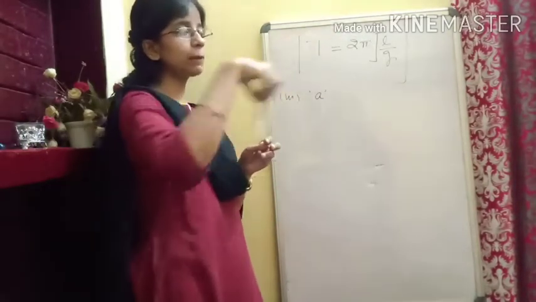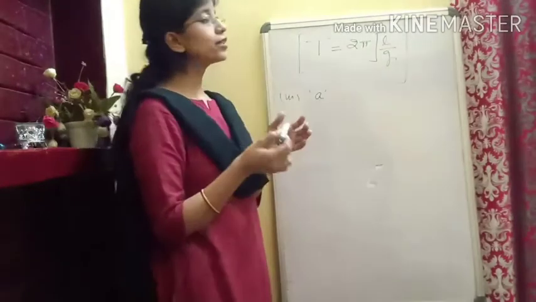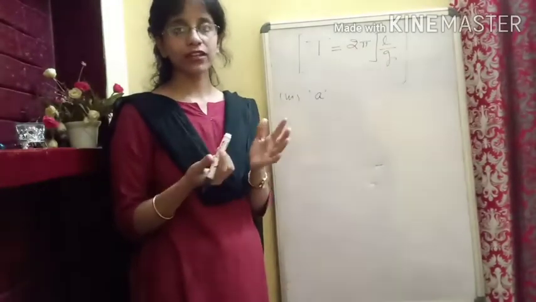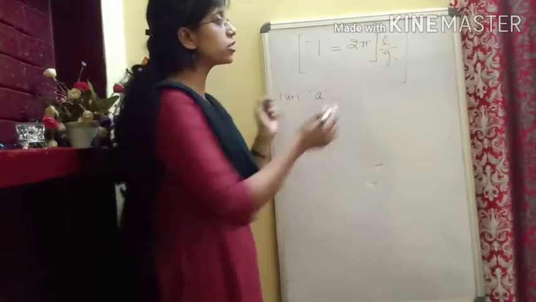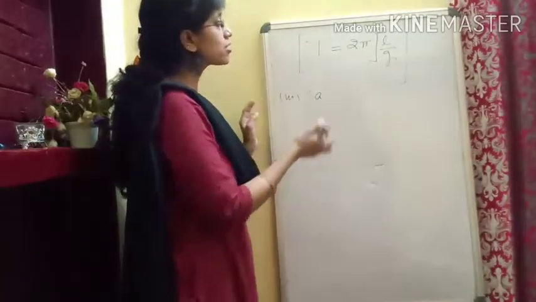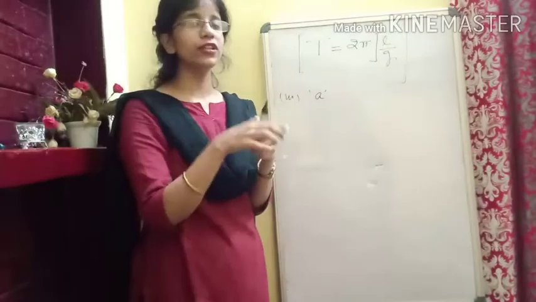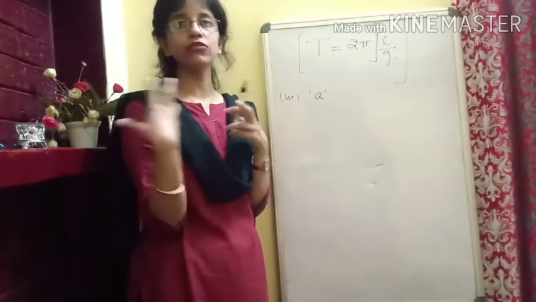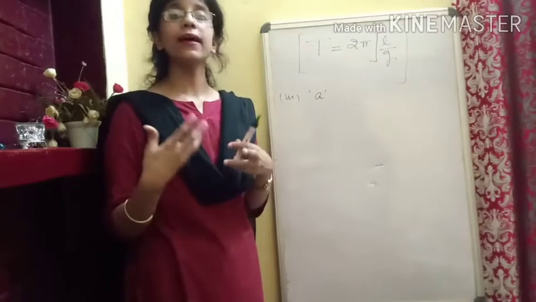If it has a large amplitude or small amplitude, will the time period be affected? No, because if you see the mathematical expression, there is no amplitude in the expression of time period. That means time period does not depend upon the amplitude of the oscillations. Whatever the amplitude, the time period will not depend on it.